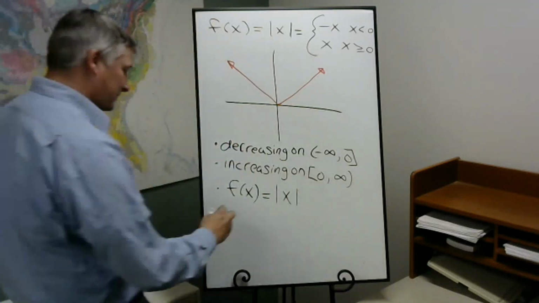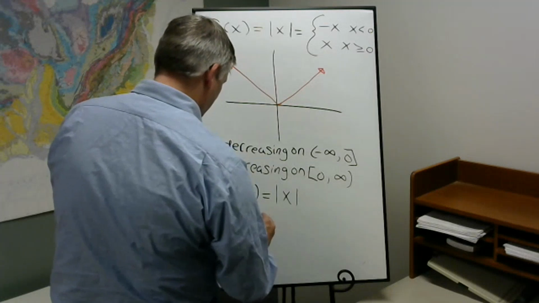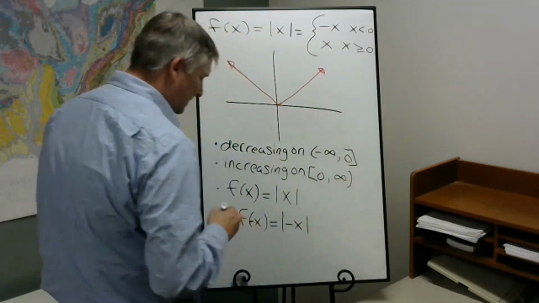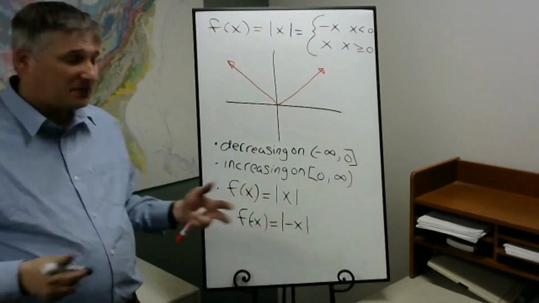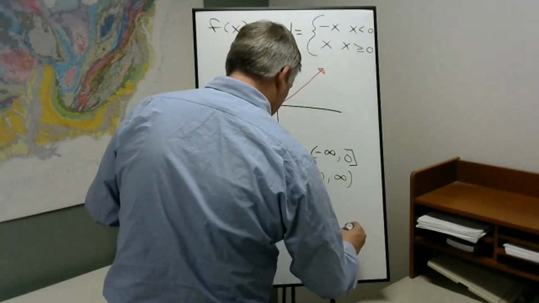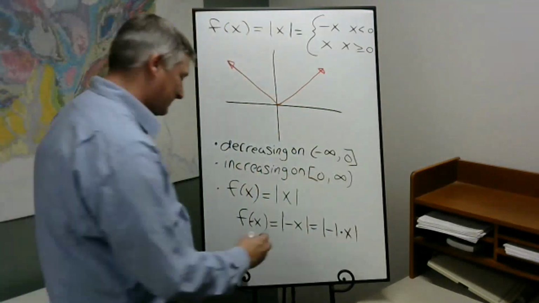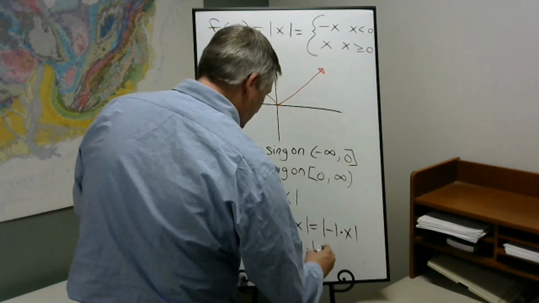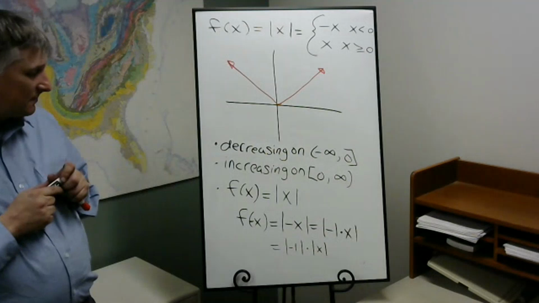Well, if we put in negative x, so what this is going to do right away, you can treat this actually as negative 1 times x, or the absolute value of negative 1 times the absolute value of x.